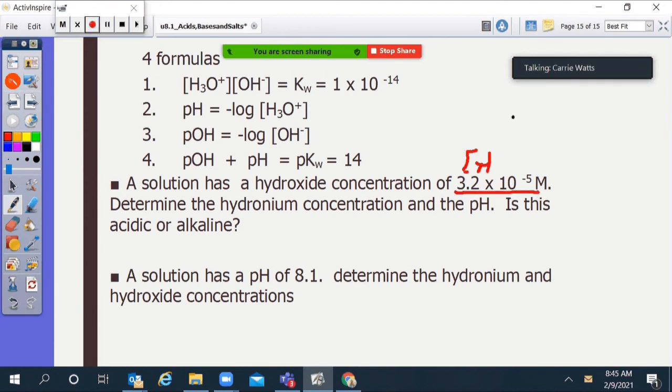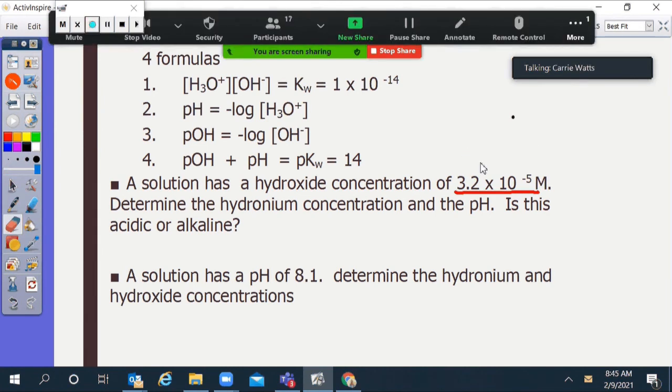Okay, so we have the hydroxide concentration. Oops, I need to change that. That's not hydronium, that is hydroxide. So let me erase that. I can determine the hydronium concentration by using equation 1, the law of mass action.